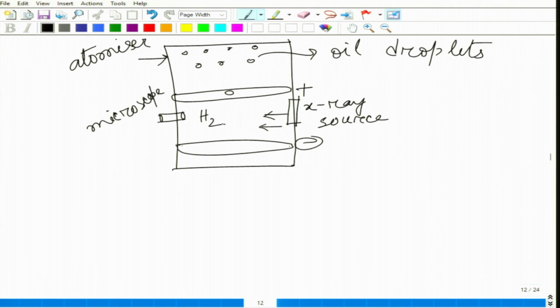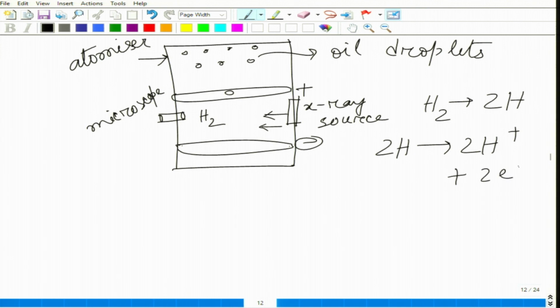Let's consider H2. So what we had studied in the cathode ray experiment, that H2 can generate 2H+, so the gases will release electrons.